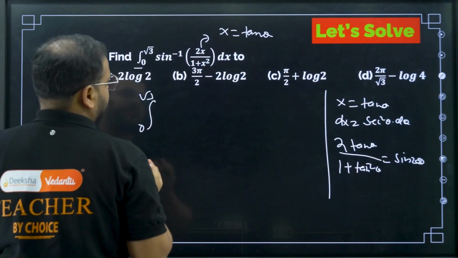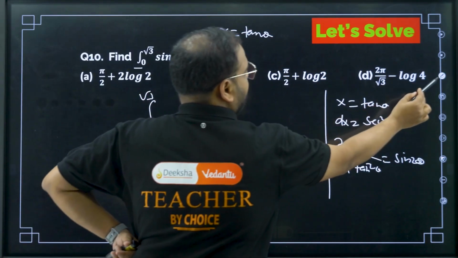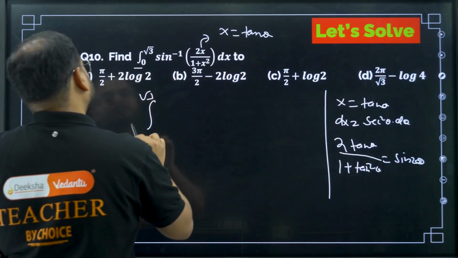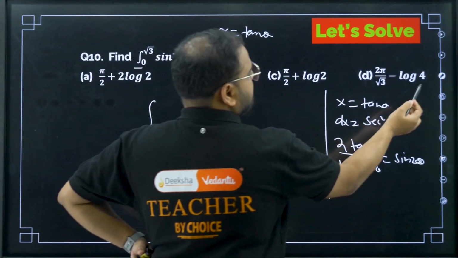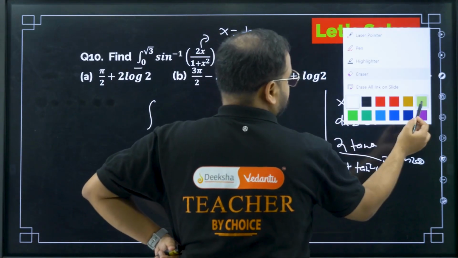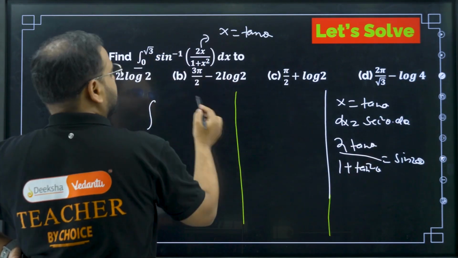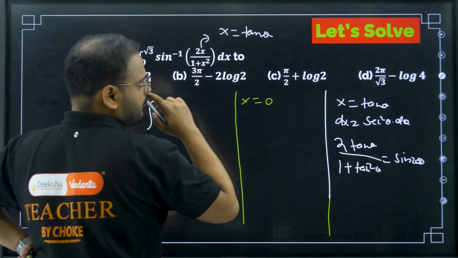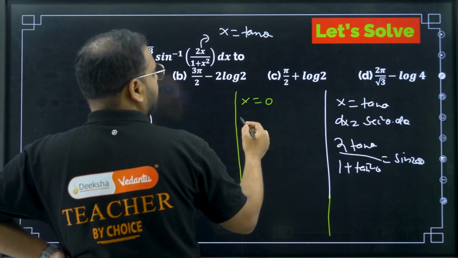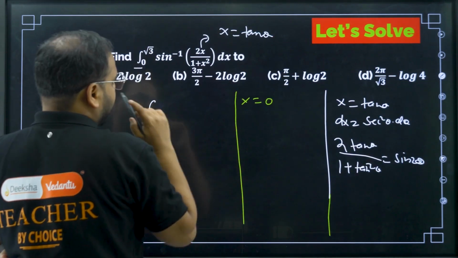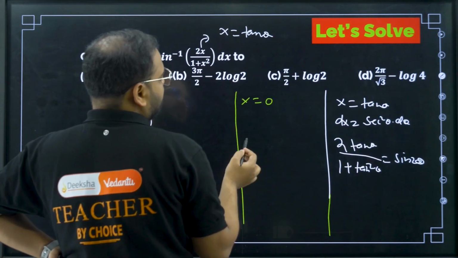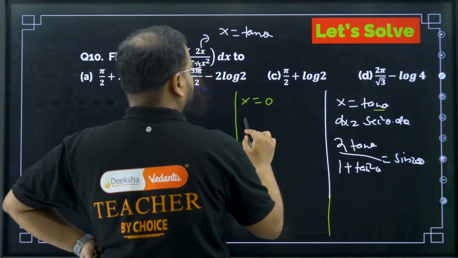Actually, limit I have to change again. Forgive me. Since the variable is changed in substitution, I have to change the limit also. Check the change of limit. When x was 0, what is the substitution? Tan theta. So what is my theta?